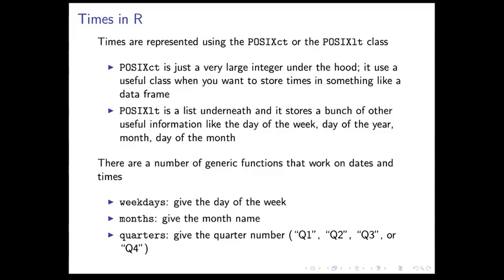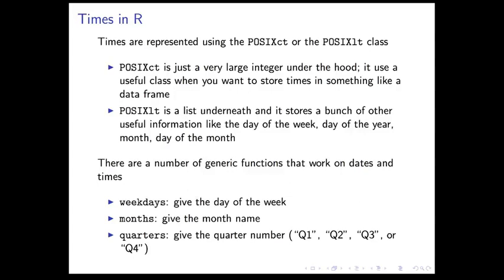POSIX is a family of computing standards for how things should be done on certain types of computers or how data should be represented. There's a family of standards for how to represent dates and times, and that's part of the POSIX standard. In the POSIXct class, times are represented just as very large integers.